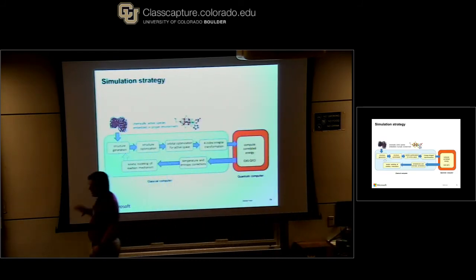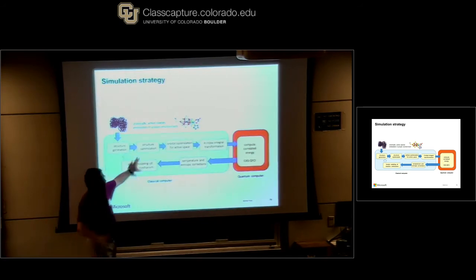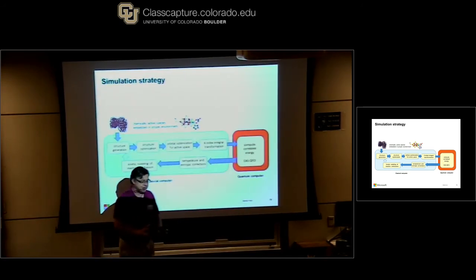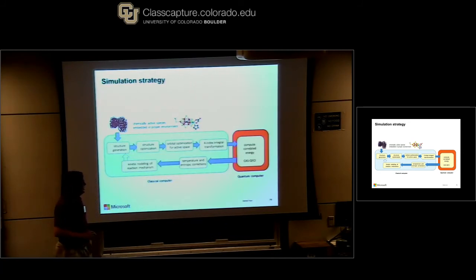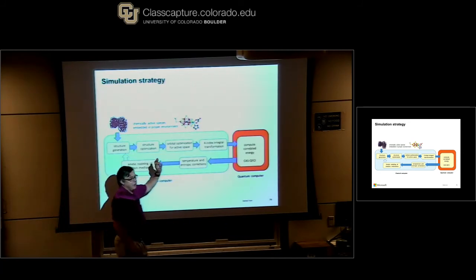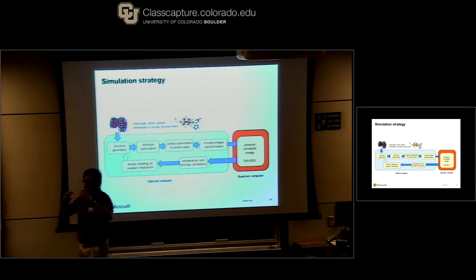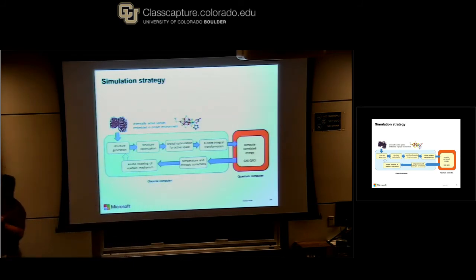You generate the structure, you optimize it to find the local minimum. You then find the orbitals that describe the active space that is correlated. Then you calculate all of the integrals here, these terms here, and then you want to solve that problem exactly.